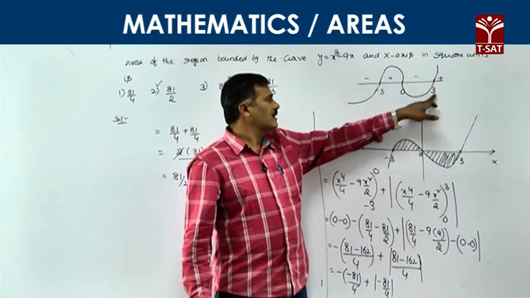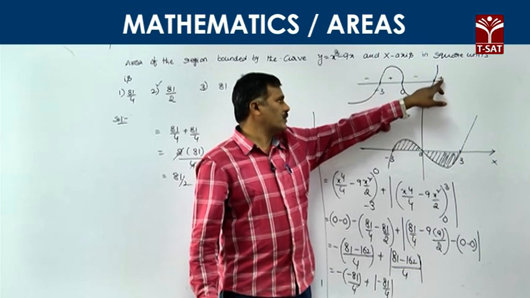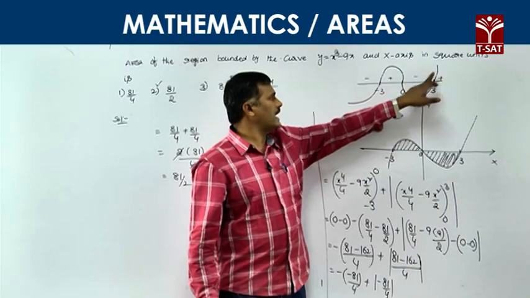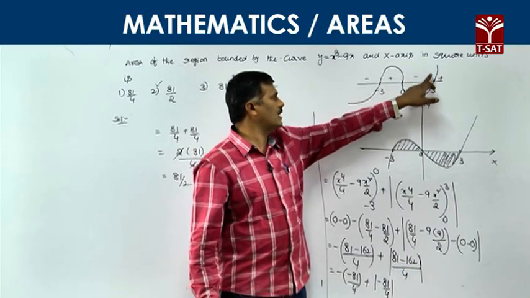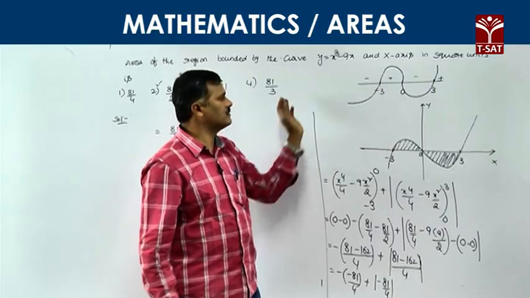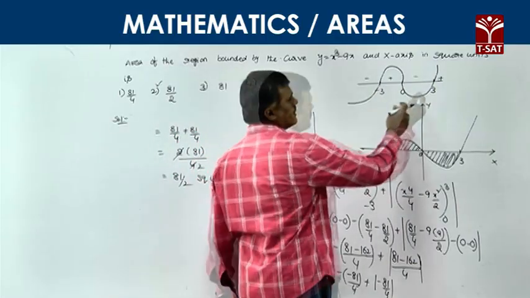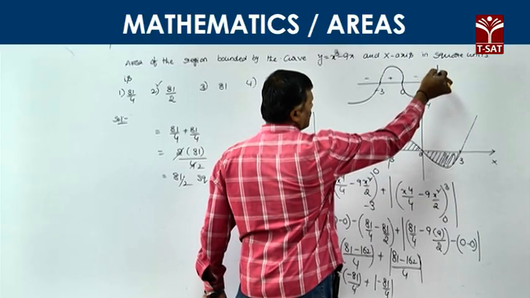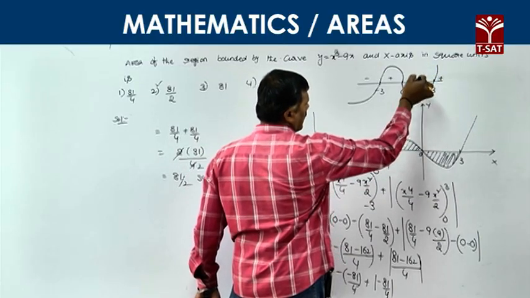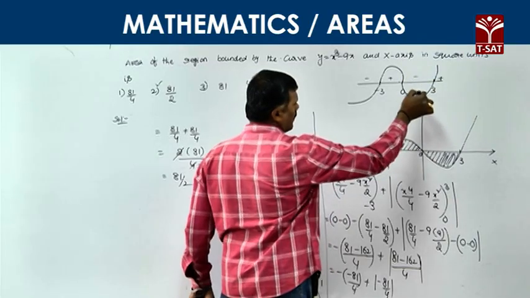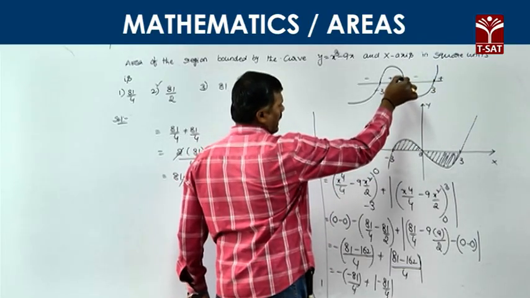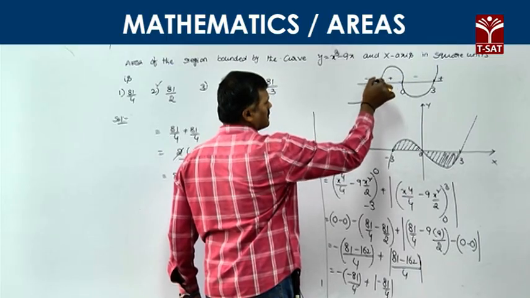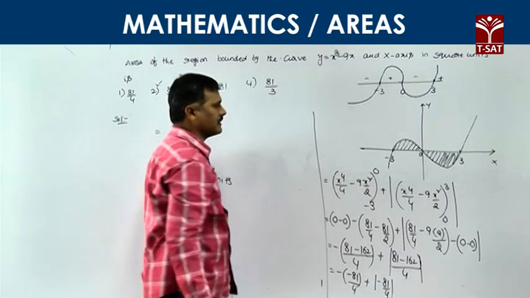3 is the largest integer, that's why I put a positive sign to the right side of 3 and put alternating signs towards the left, positive, negative, positive, negative. It is positive, the curve is upward on the x-axis, and negative from 0 to 3, it is downward to the x-axis, and from 0 to minus 3 it is upward, positive, and minus 3 to 0 it is downward for the x-axis.